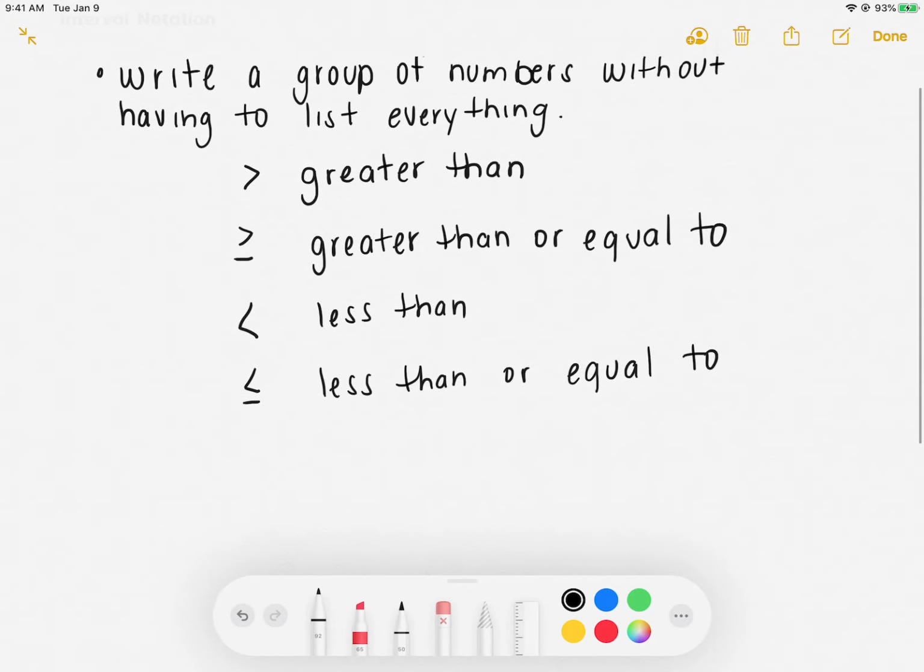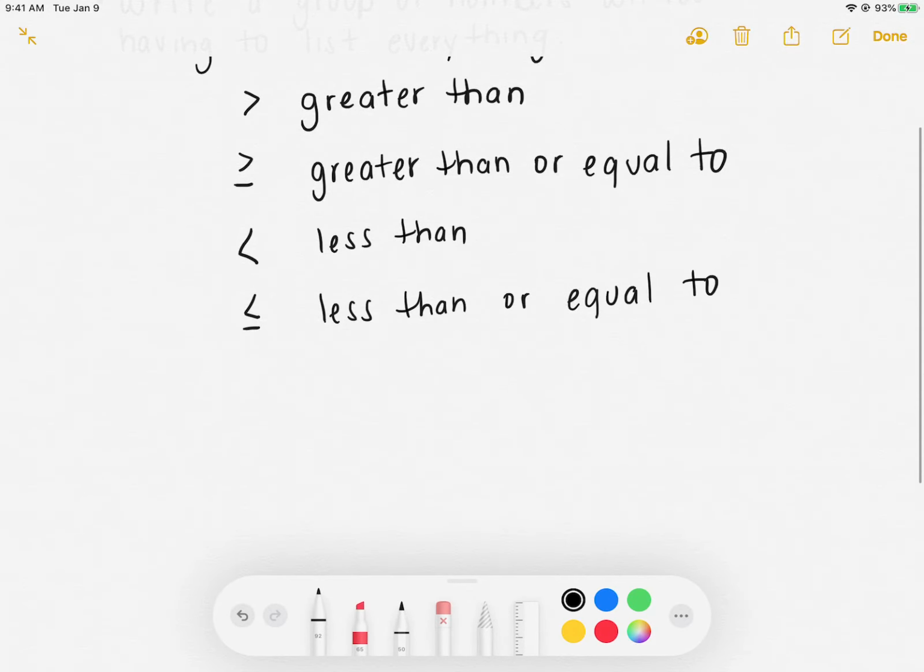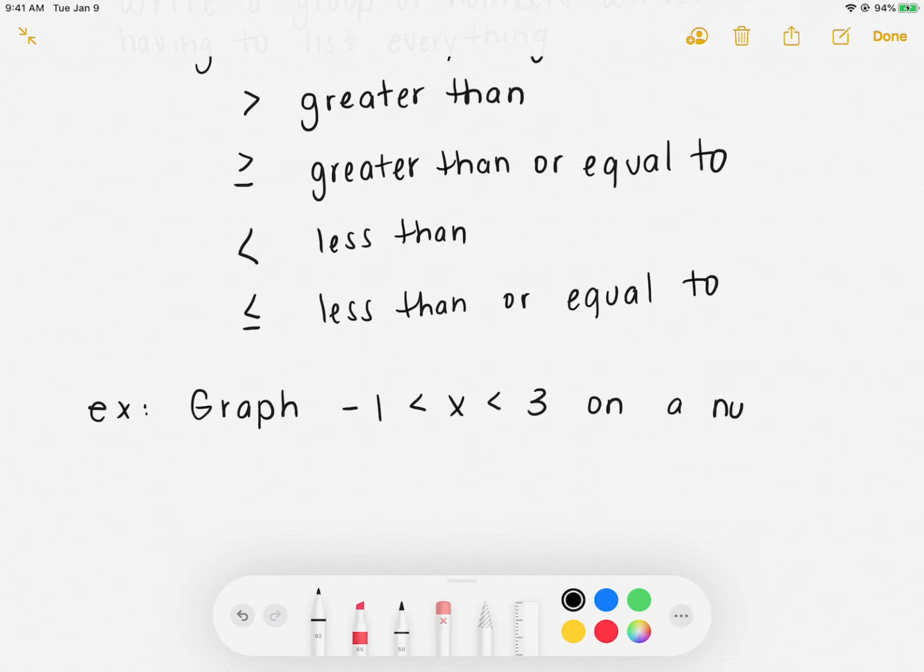So now that we've dusted that cobweb off, what if I said graph -1 is less than x, which is less than 3 on a number line? The first thing I would do is draw my straightest possible line.